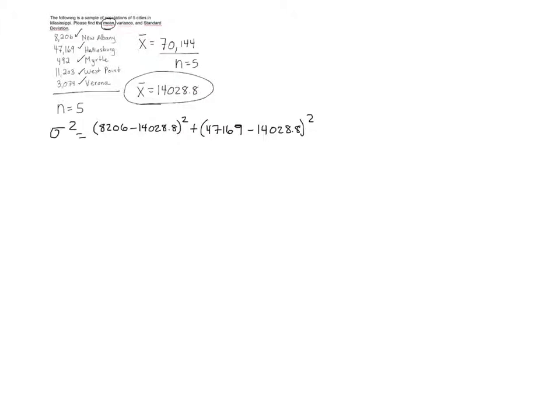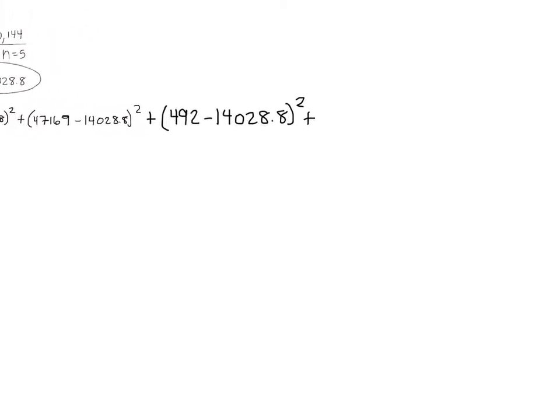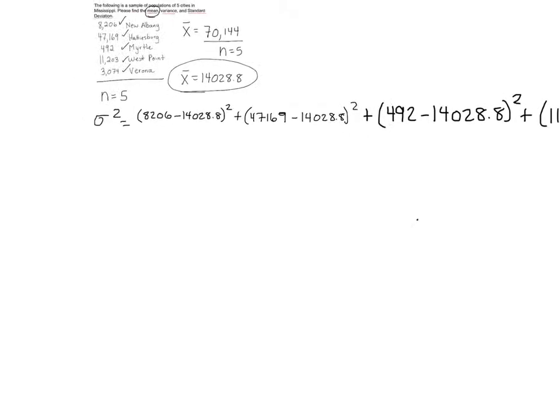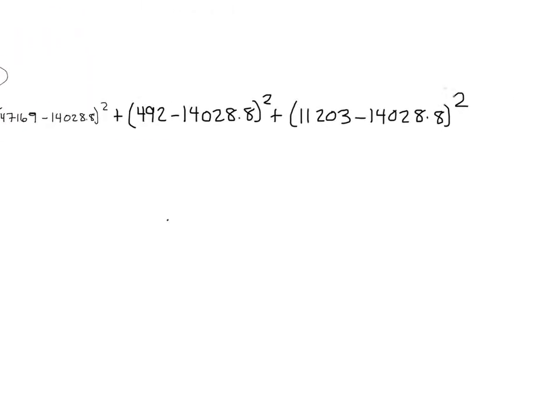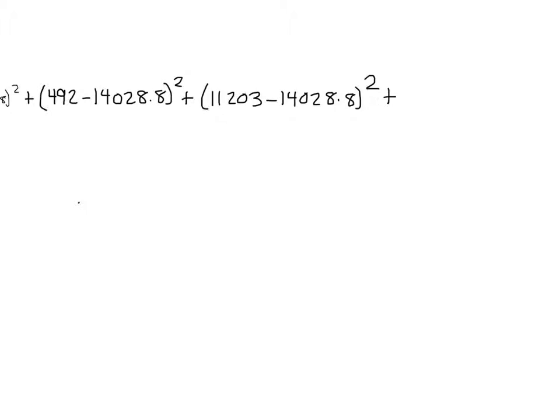So Myrtle's population, 492, minus the mean squared, plus West Point's, which is 11,203, minus the mean squared, plus Verona's, which is 3074, minus the mean squared.